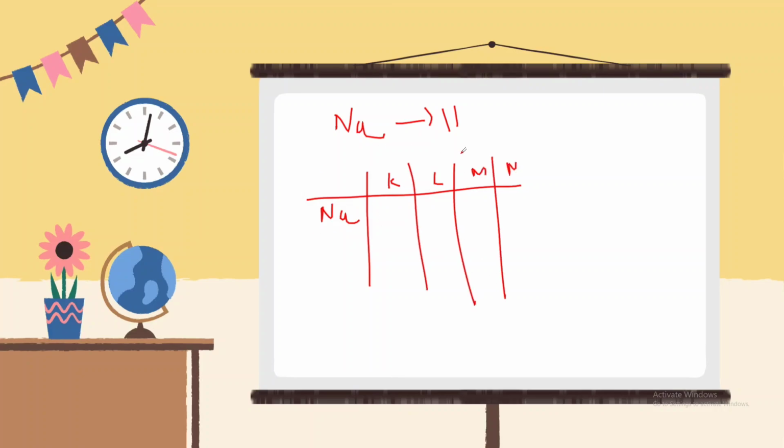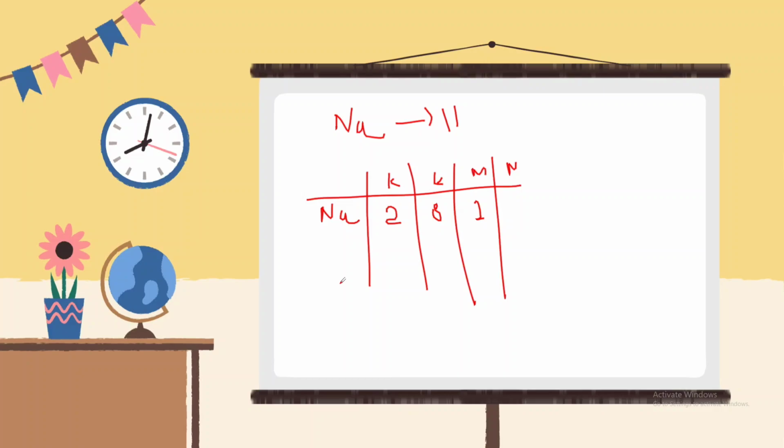Okay. So first, in the first shell, the K shell, there will be 2 electrons. Next we have 9 electrons remaining, which means that only 8 can come in the L shell. Why? Because the maximum number of electrons that can come in the L shell is 8. So the 1 electron that is remaining, we will write it in the M shell.